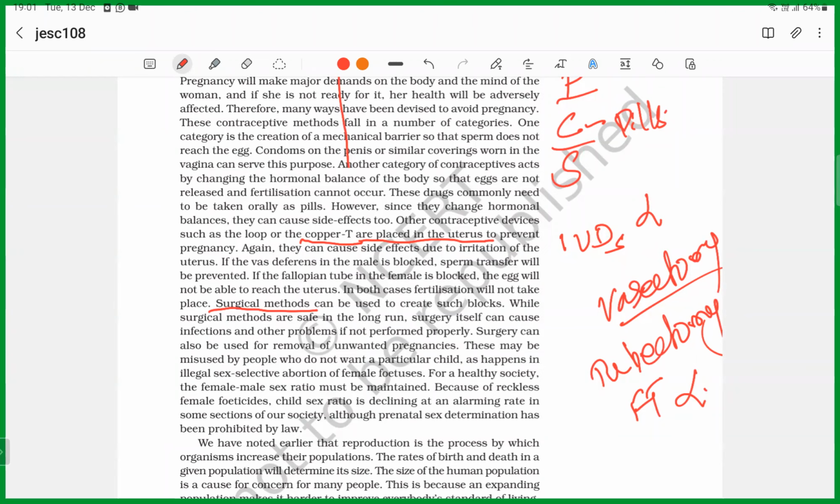In the female, with the fallopian tube tied, the egg cell may be released, but the sperm cell cannot approach it. The fallopian tube is cut and tied on both sides, so it is permanent and very difficult to revert. Once the surgery is done, that's it. So that's about reproductive health and the birth control techniques: physical, chemical, and surgical methods.